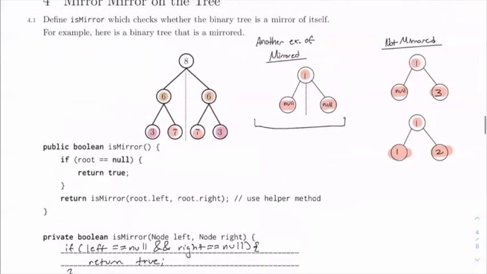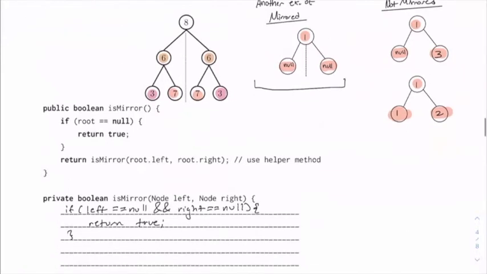So now that we have this base case out of the way, we can tell that there's another base case we have to consider, which is when one of the nodes is null and the other node is not null. And so we have to consider that.